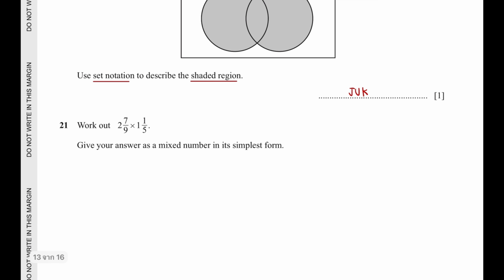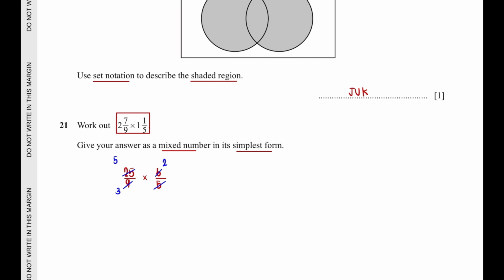Question 21. Work out 7 over 9 times 1 over 5. Give your answer as a mixed number in its simplest form. So it will be 25 over 9 times 6 over 5. 5 into 5 once, 5 into 25 is 5, and 3 twos are 6, 3 threes are 9.